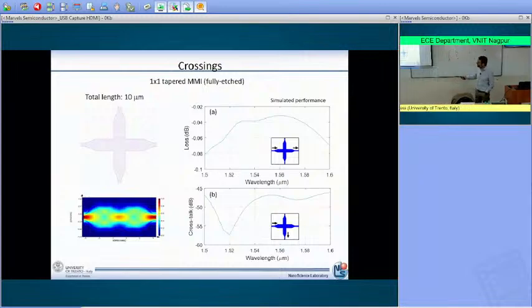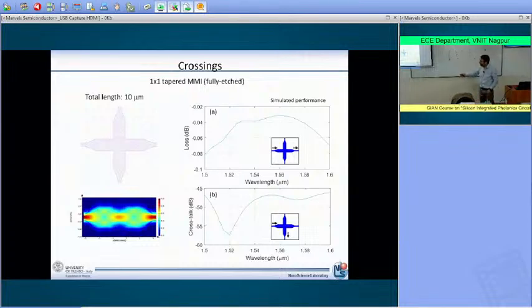So the idea is to carefully design the free propagation region here in such a way that in the crossing you get that the image of the input port is reproduced at the cross point here as well as in the output port. You have a free propagation of the light, like having a lens in between. And so you have that the light is collected and then is focused and then is expanding and then is refocused.